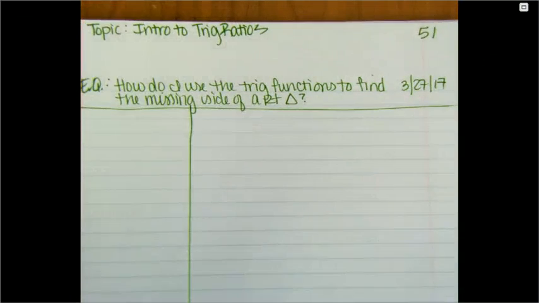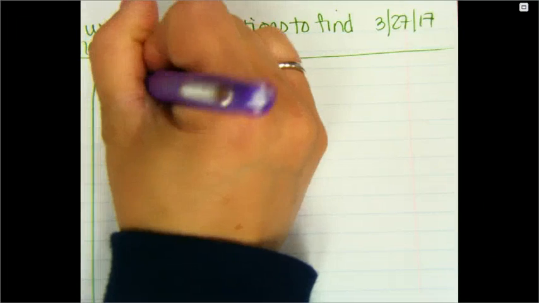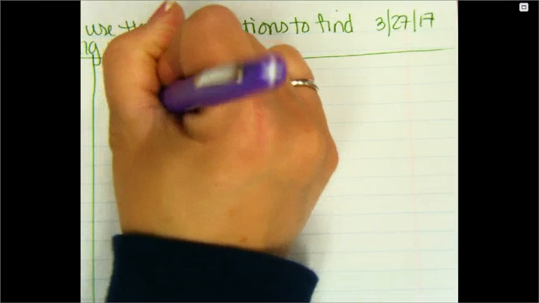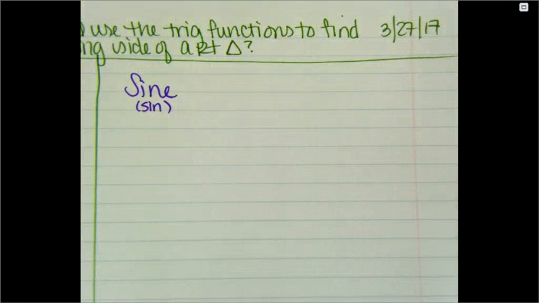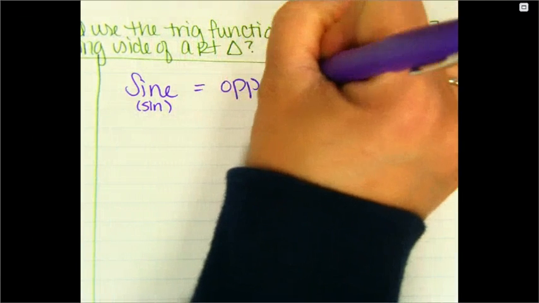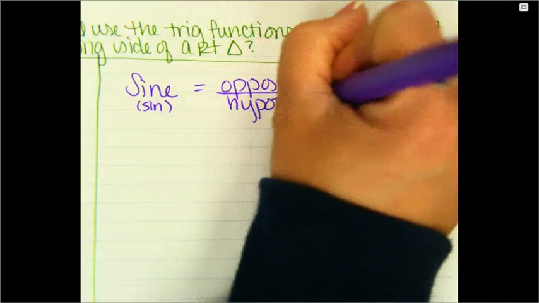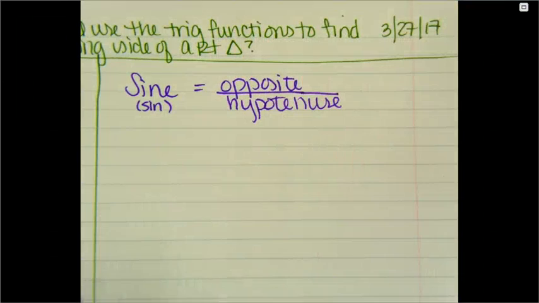The first one is sine. It is abbreviated SIN. It is still called sine. Understand? Okay, your sine is opposite over hypotenuse. We know what a hypotenuse is, right? It's what? It's the longest side. It's always across from what angle?